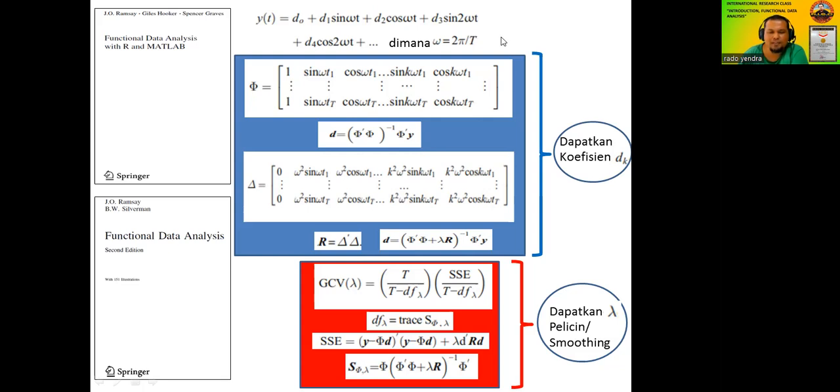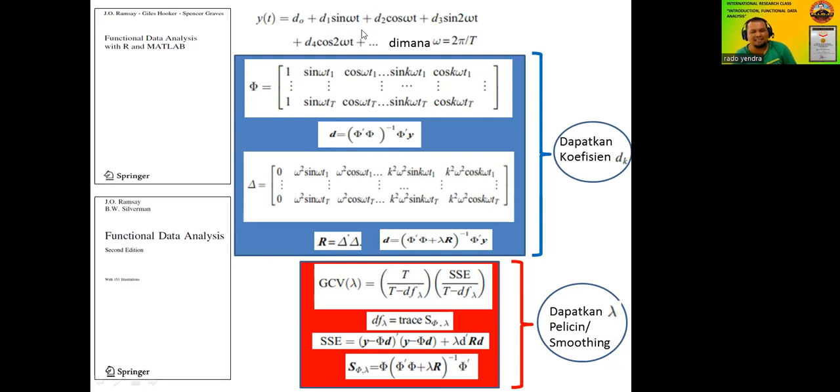Basis 5 means we have one constant d0 and 4 coefficients. If we change to basis 7, it means we have 1 constant and 6 coefficients. And if we use basis 65, we will have 1 constant and 64 coefficients. Okay.